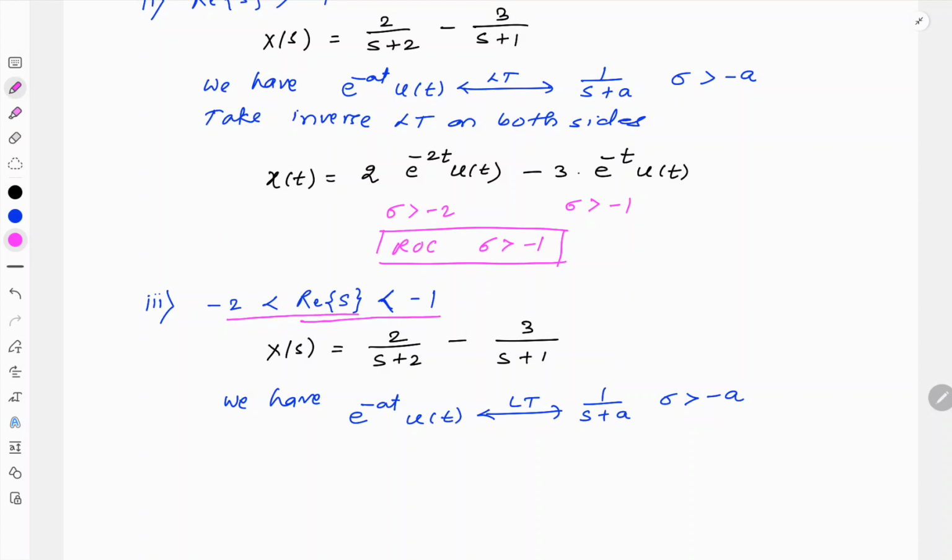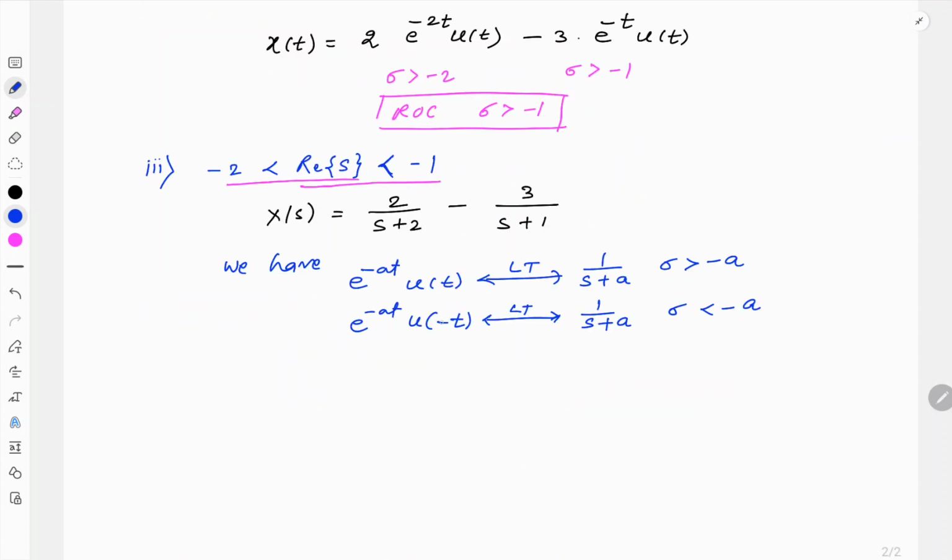So whenever it is less than, the equation should be of u of minus t. So for the second term, we have to use e raised to minus at u of minus t, which will have Laplace transform 1 upon s plus a with RoC sigma less than minus a.